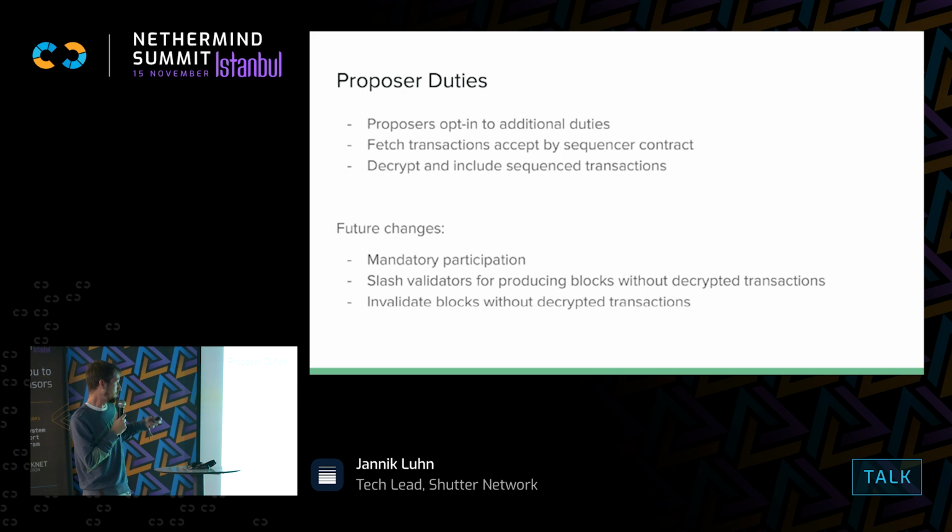And then they fulfill these duties, hopefully. But at the moment, there's no enforcement of these duties. That's the trust assumption that I mentioned. We trust that they actually do this. If they don't, the project doesn't work anymore, but at least the chain continues working.